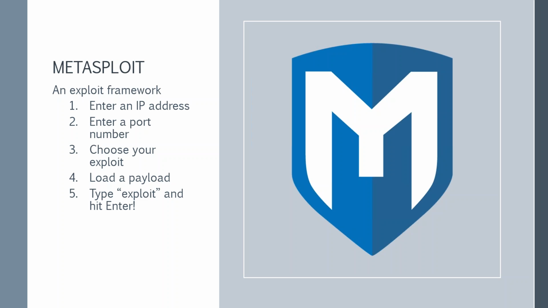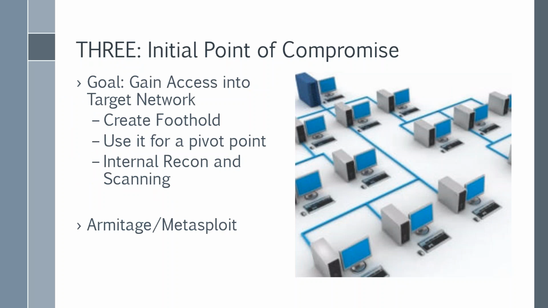And then after I load those 4 things, I type exploit, hit enter, and Metasploit does the rest of the work for me. Once that payload is executed, Metasploit allows me to do whatever I intended to do at that point. And that's really all the attacker does. It's that easy. Now, the attacker has a machine in your environment.